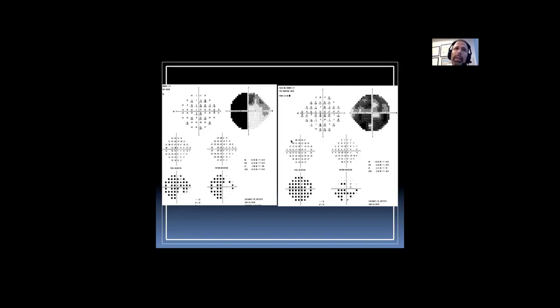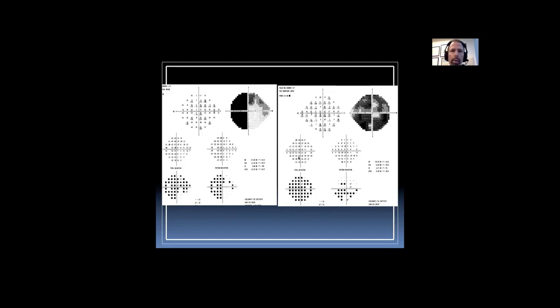So it's a way that you can try to increase your sensitivity of confrontational visual fields. I don't use it a lot myself because I have easy access to automated perimetry. If you don't have access to automated perimetry, though, you can use it. You just hold that red top up right on one side and then the other side of the horizontal and of the vertical midline and see if there's a difference in color perception. The problem is, patients say the darndest things, and so you make it very subjective.